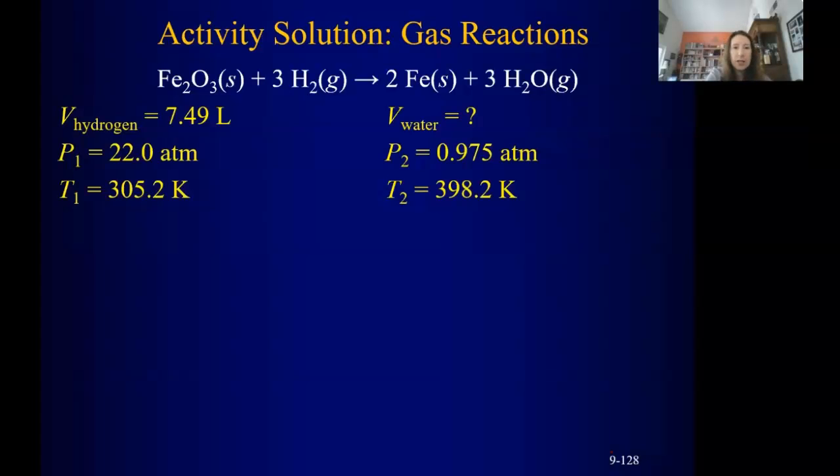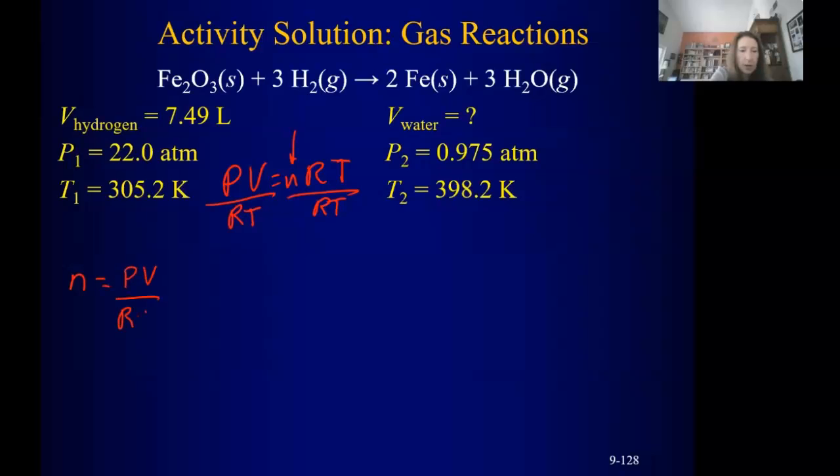So first we need to get to our moles of hydrogen gas. So we said that was n equals PV over, you know what, I'm just going to start at the beginning. PV equals nRT. We're going to solve for moles, so divide by RT, divide by RT. So that means that n equals PV over RT. Our pressure is 22 atmospheres.